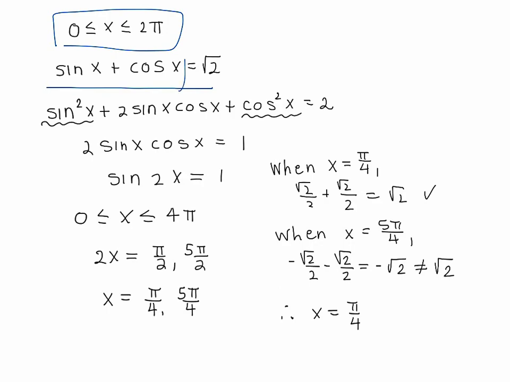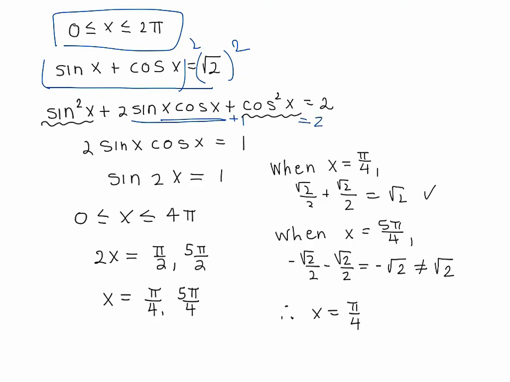However, if we square both sides, we get sine squared x plus 2 sine of x cosine of x plus cosine squared x is equal to 2. Because we will be foiling, we will get 3 terms on the left side. Sine squared x plus cosine squared x is equal to 1. So 2 sine of x cosine of x plus 1 is equal to 2.